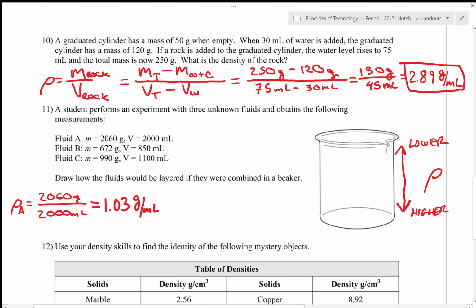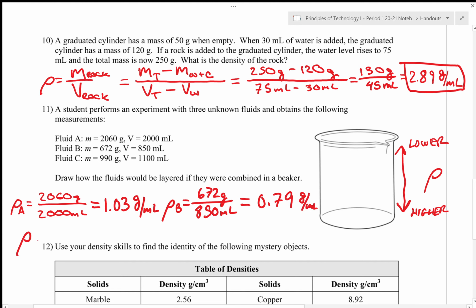The density of fluid B is going to be 672 grams divided by 850 milliliters, which is 0.79 grams per milliliter.